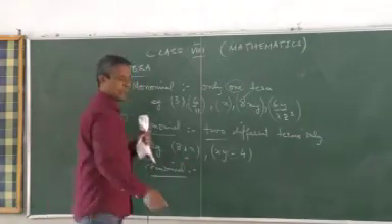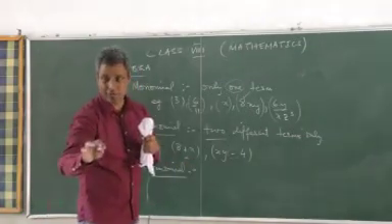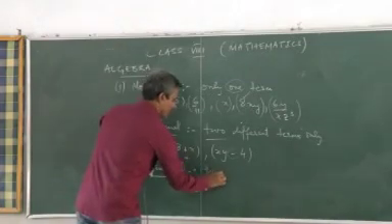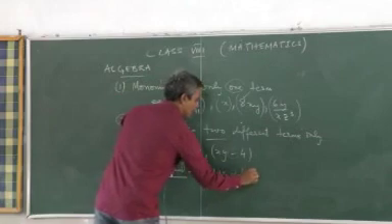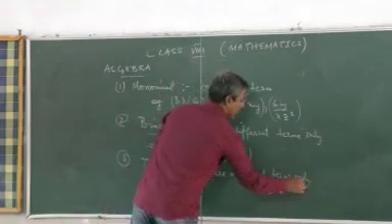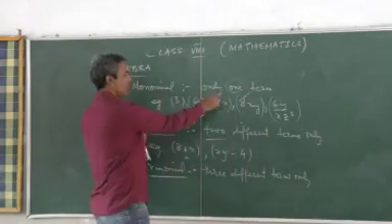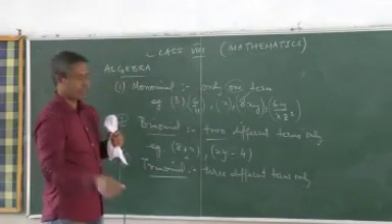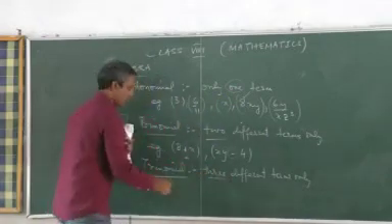What is a trinomial? Again, trinomial, three different terms only. Three different terms. 1, monomial. 2, binomial. 3, trinomial.